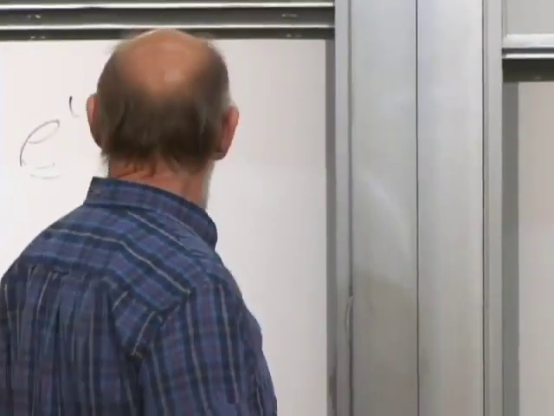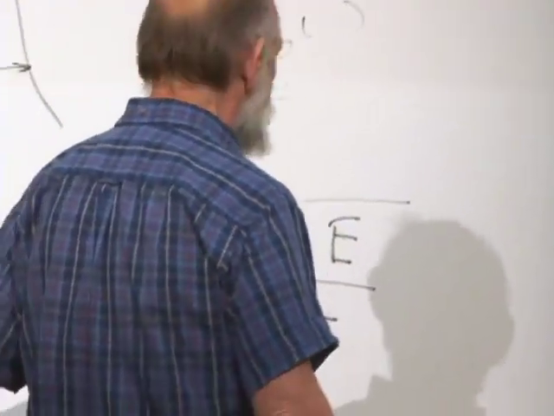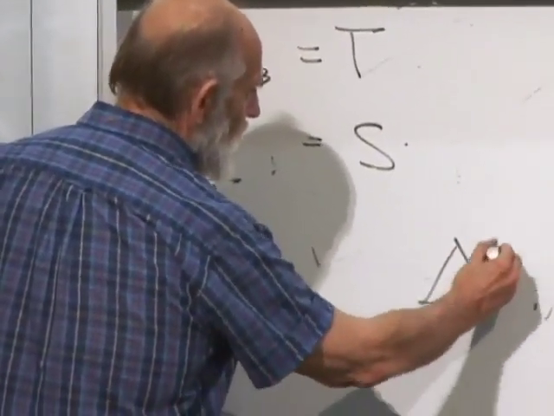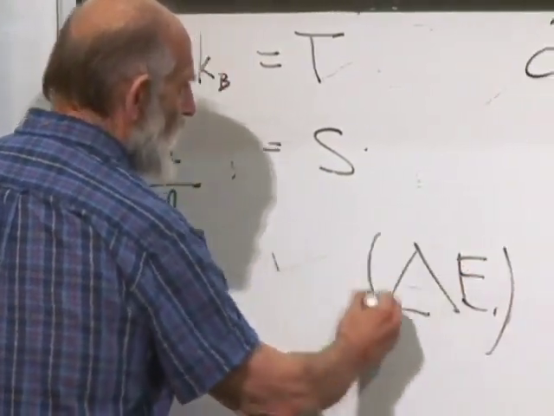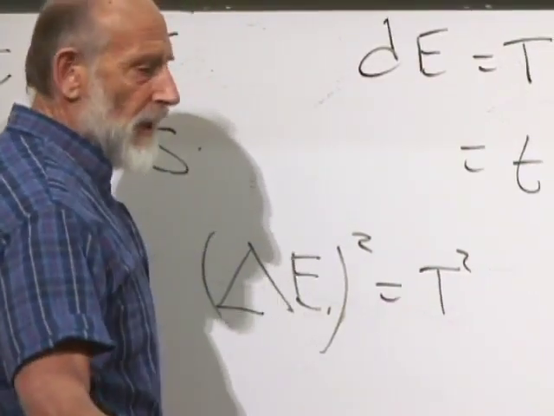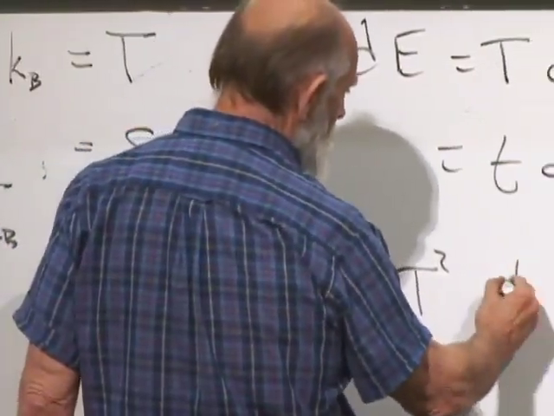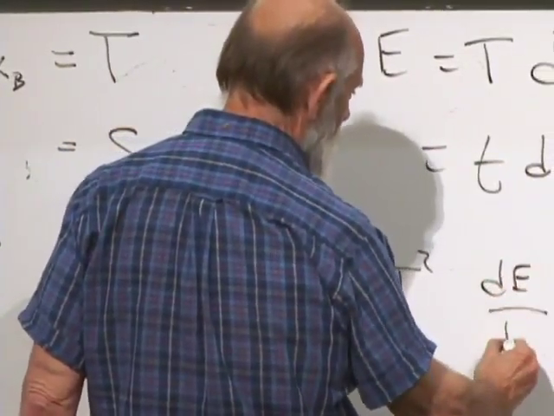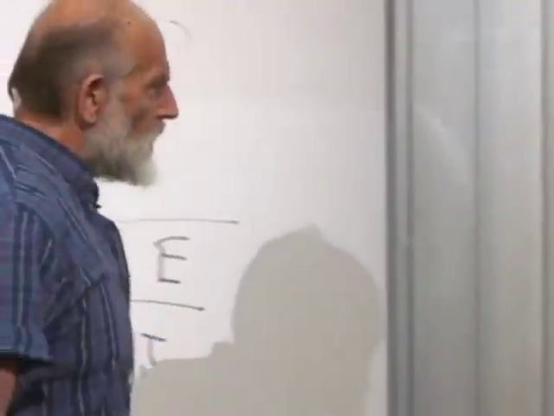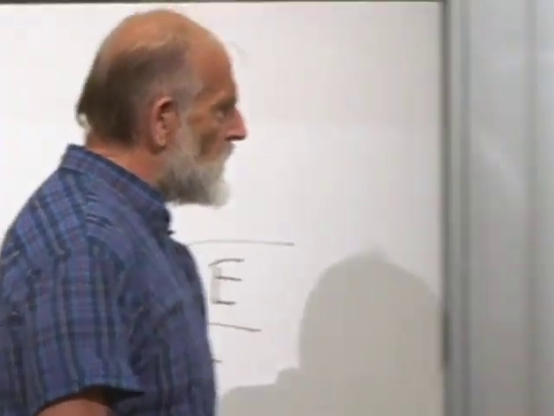Right. Now let's go back to this formula over here, that the uncertainty in the energy squared is equal to T squared times the heat capacity, which is what? It's dE by dT. Does this formula make dimensional sense?